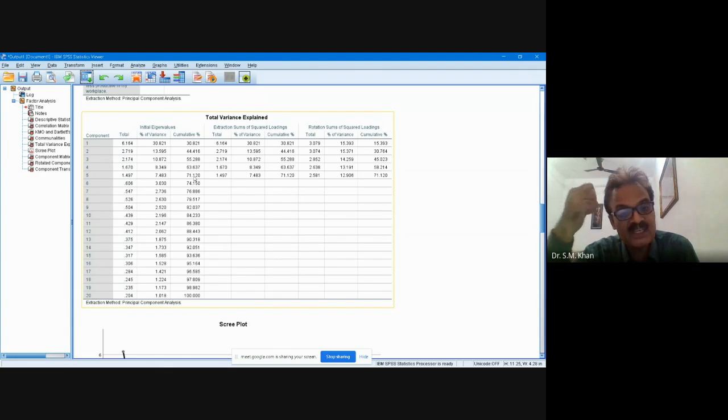You can say that 70% you are sure that you will be able to retain your employee in the organization on the basis of these 5 factors. Friends, when you transform the factor loadings, then this is the very important table, last table.